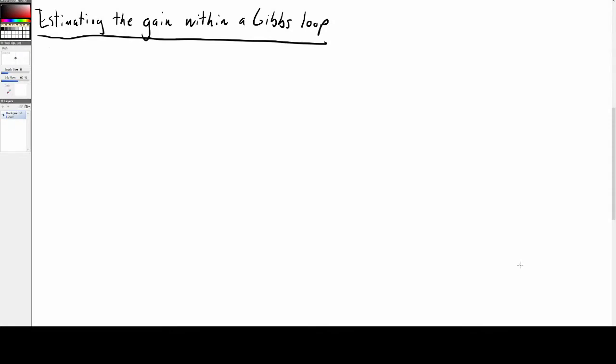So let's now look at what gain estimation looks like in the context of Gibbs sampling. You probably know by now that in the Bayesian framework that we work in, the goal is to map out the posterior distribution of all our parameters, like the total CMB signal, the dust signal, all the other signals, power spectra, the gain, correlated noise, and other parameters given the data.